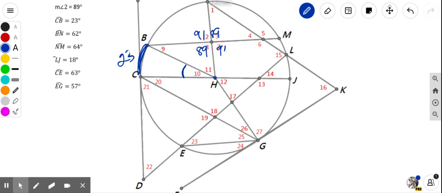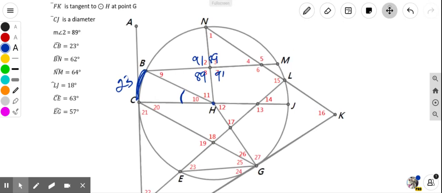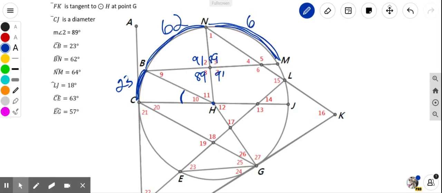All right, BN. Where's BN? Is it up here? BN is 62. So this is 62. NM is 64. LJ is 18.